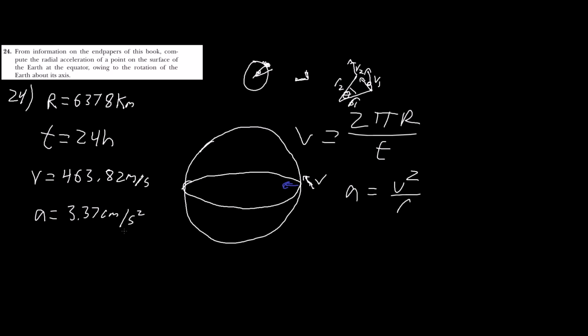That's how much you would fly off realistically. So basically what I'm trying to get at here is that if the Earth was indeed flat, which it is not, you would be flying at that acceleration.